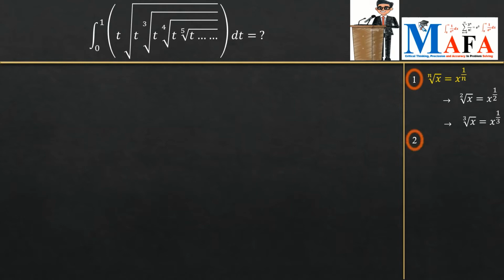Now the second thing: here we have the n-th root of x times the m-th root of x.